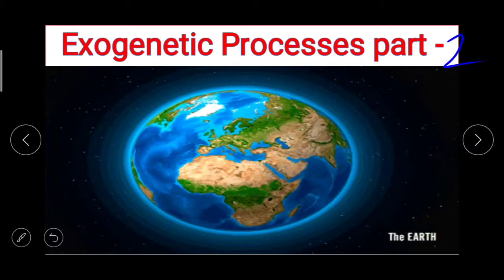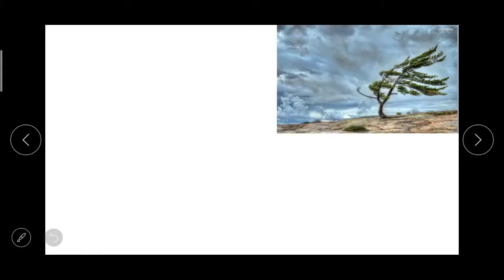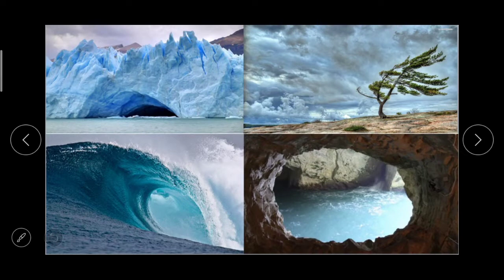erosion. We have learnt in the previous lesson that the earth's surface wears away because of erosion. The eroded material gets carried away by agents, and when the speed of the agents reduces, the materials get deposited.